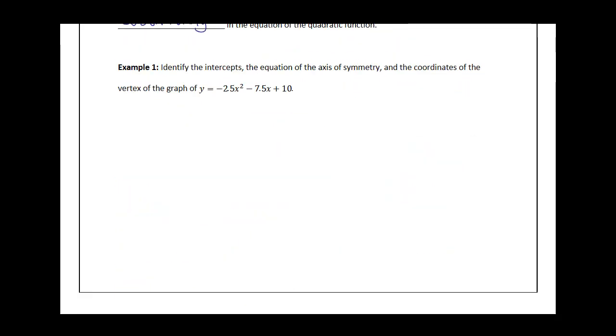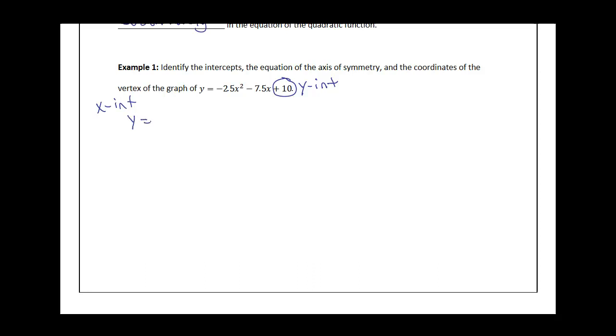Example 1. Identify the intercepts, the equation of the axis of symmetry, and the coordinates of the vertex of the graph y equals negative 2.5x squared minus 7.5x plus 10. Well, first of all, before we even do any calculations, we know that the constant term c here, the plus 10, is the y-intercept. So there is one of our intercepts right away. Now to find the x-intercepts, we need to factor this equation to find our zeros of the function.